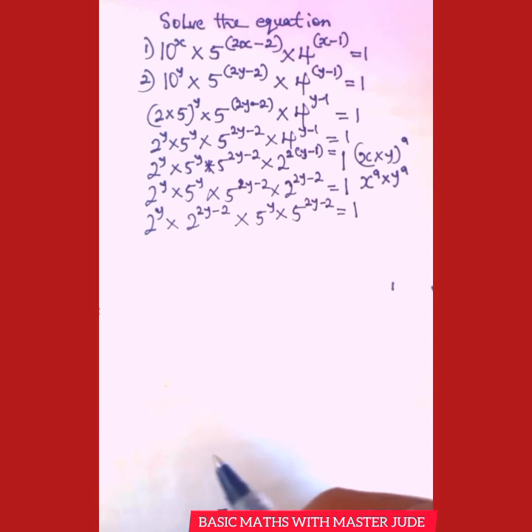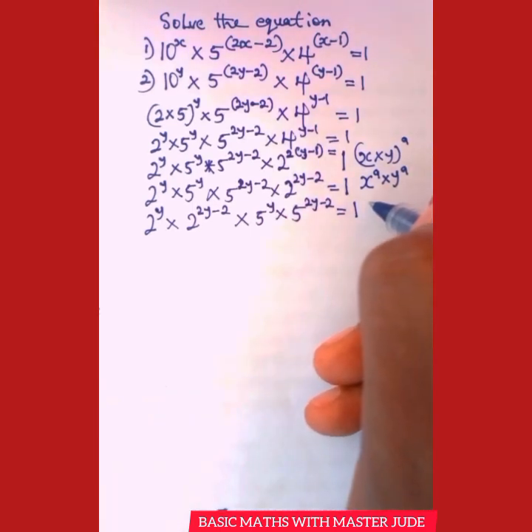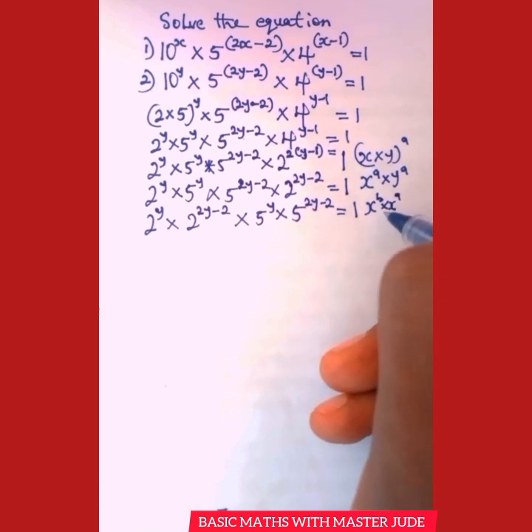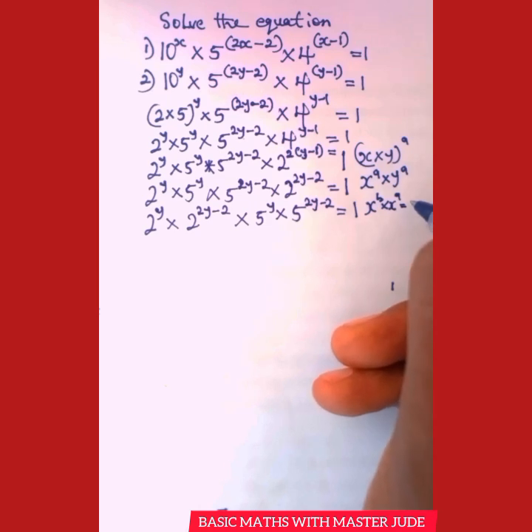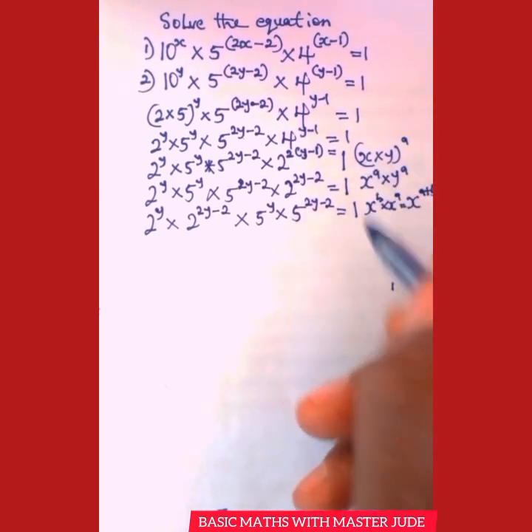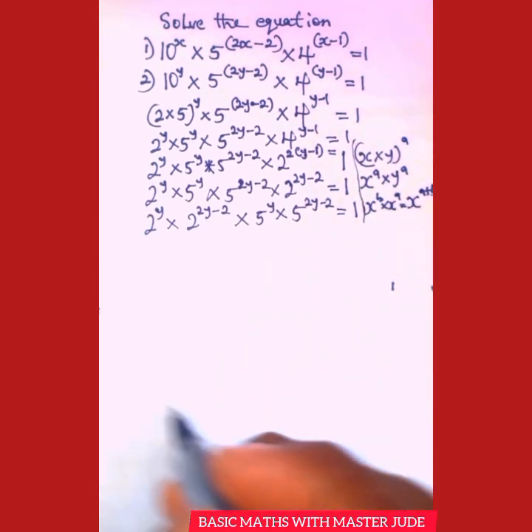Then one of the laws of indices says that if I have x^b multiply x^a, since it is multiplication and they have the same base, I will add their powers. So this is x^(a+b). That is what we are going to apply here.